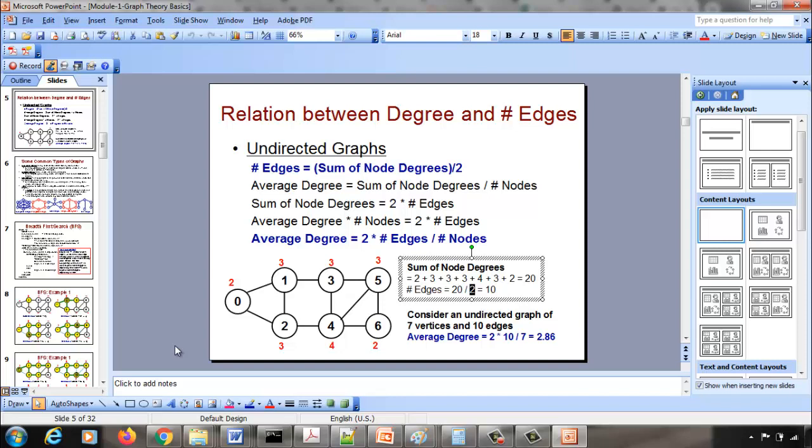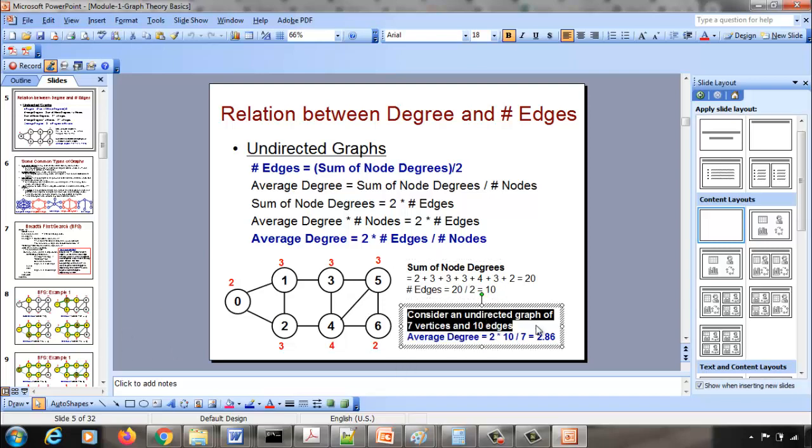Now, one other thing you should be able to do is this: if there is an undirected graph, you are not really given what graph it is. You are just given a statement and no picture, like this: consider an undirected graph of 7 vertices and 10 edges.